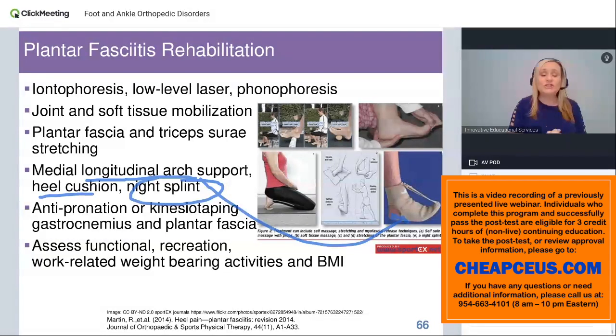The research is showing that using foam rollers is really beneficial for individuals with plantar fasciitis, that in order for tissues to really elongate, it's a complex mechanism of satellite cellular activity that has to happen, that we have to stretch the tissues to a point just below the individual's pain threshold.